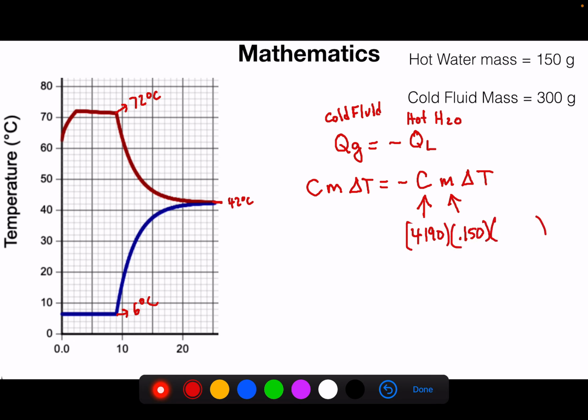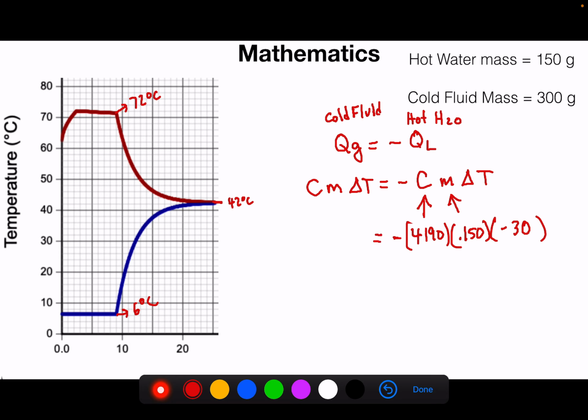And then temperature change, you're going to do 42 minus 72, which would be negative 30 degrees. Again, the hot water has a negative temperature change because the temperature is dropping. Remember, there's a negative in front, and those two negatives will cancel out.